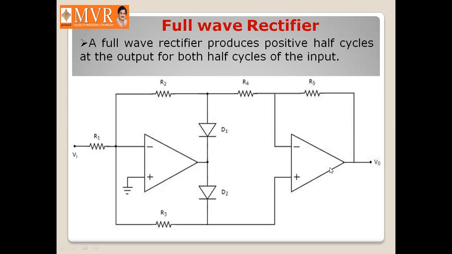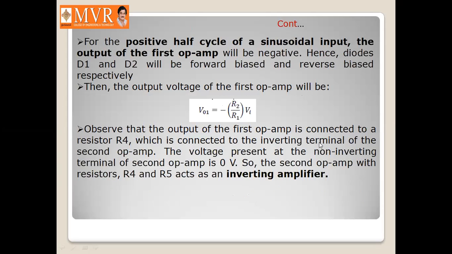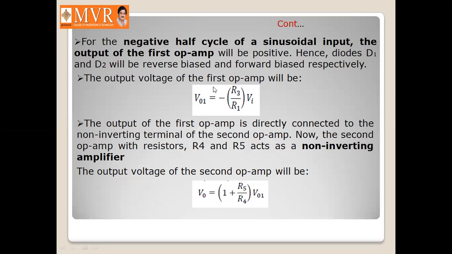So if you write the equation for the negative half cycle, V naught 1, the first op amp is going to act as an inverting amplifier. So V naught 1 is equal to minus R3 by R1 into Vi. There will be no change in this equation.